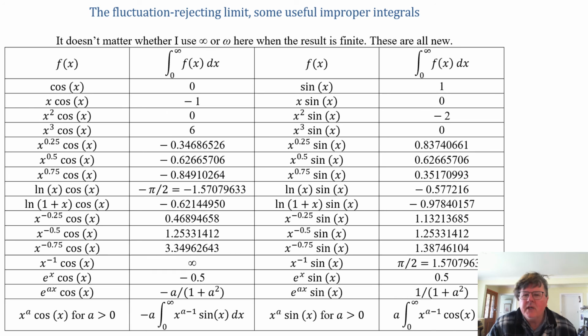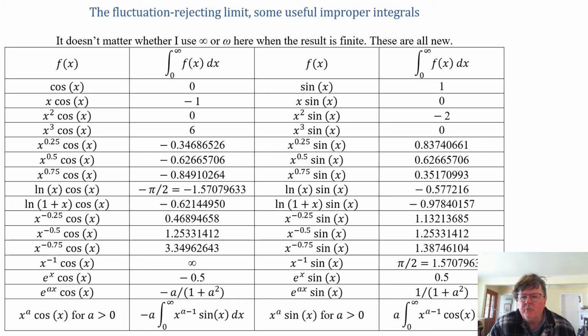So for instance, x cos x is minus value of sine x. X cubed cos x, because it's a 3, is minus 3 times x squared sine x. X squared sine x, because the x squared is 2 times x cos x, and so on.